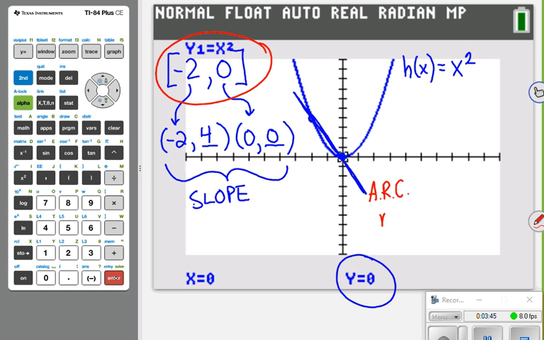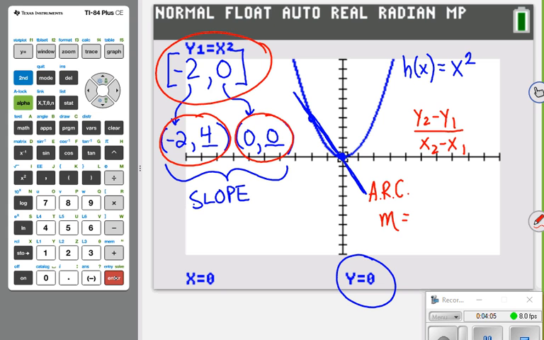or the slope, m, as you might know it, by doing our y2 minus y1 over x2 minus x1. So let's treat this as point number 1 and this as point number 2.